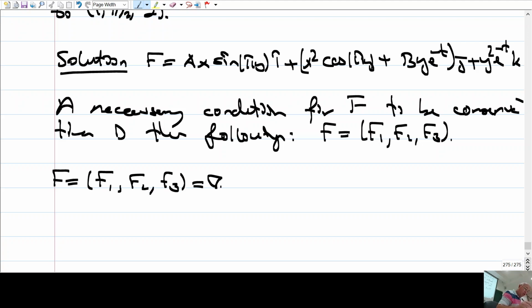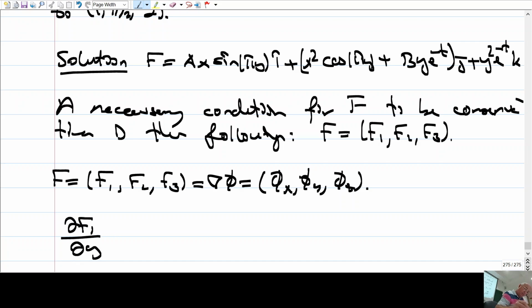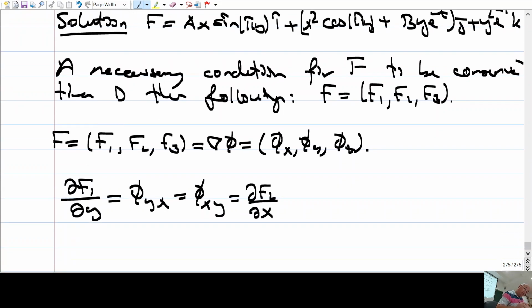So if it is conservative, then it is the gradient of some function. So F is phi sub x, phi sub y, and phi sub z. And then you have what? Well, the y derivative of F1 is phi xy or yx, but this is xy, therefore this is the x derivative of F2.